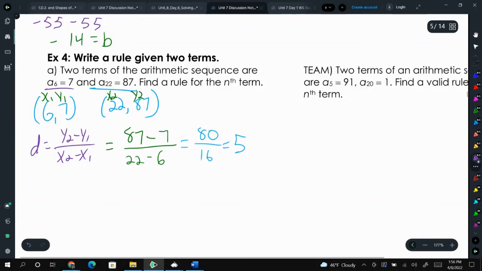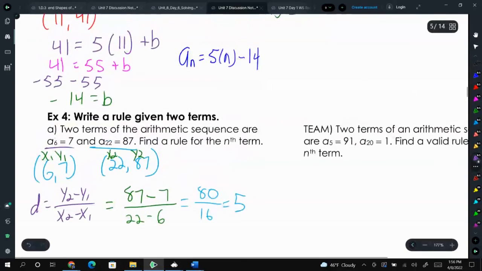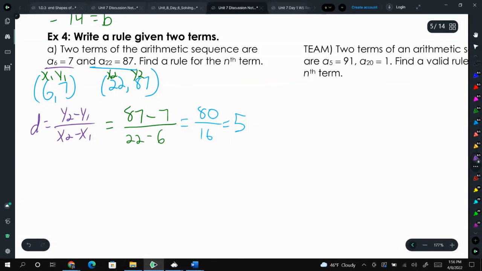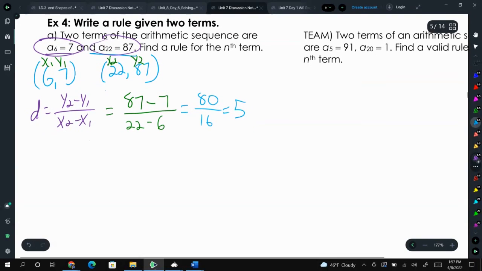So now that we know our common difference is 5, it is just like this problem up here. We have to find our b value. And you could use any point you want. You could use 6, 7 or 22, 87. I prefer smaller numbers.